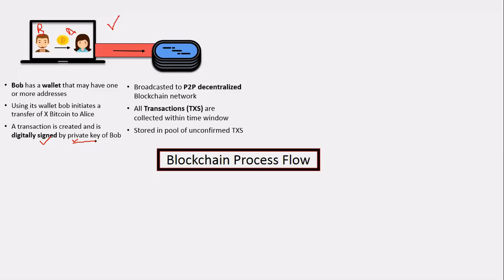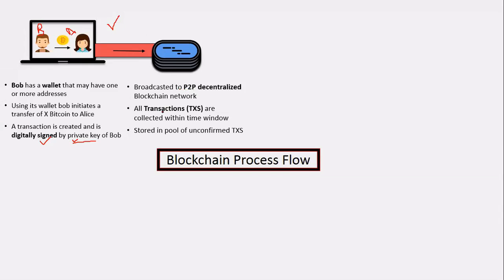In blockchain, there is no single authority and there are many nodes in the network, and everybody is taking part in the network and participating in the management and running of the blockchain network. All right. So this transaction that Bob wants to send certain Bitcoin to Alice is created and broadcasted to the blockchain peer-to-peer decentralized network.